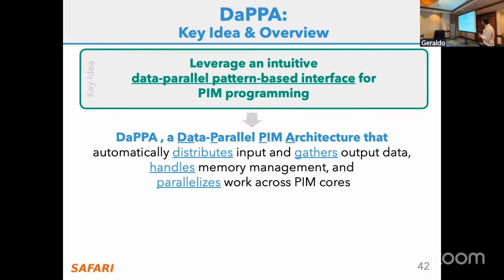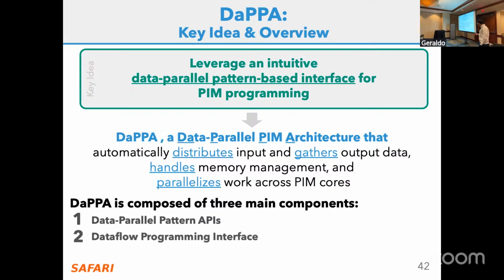The idea of DaPPA improves on SimplePIM by automatically handling any data communication inside the PIM system itself. We do that by relying more on this MapReduce based infrastructure and using data parallel pattern APIs.